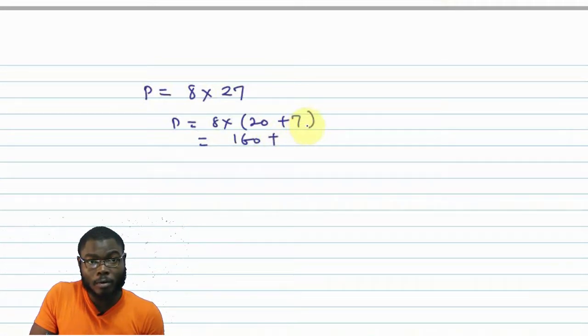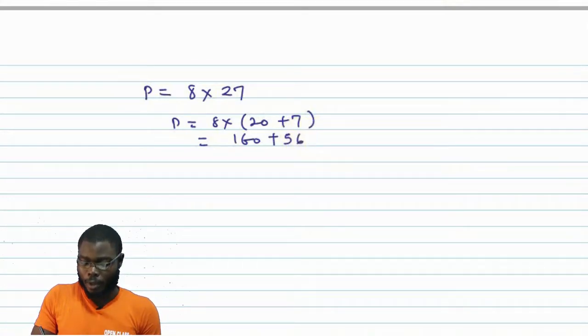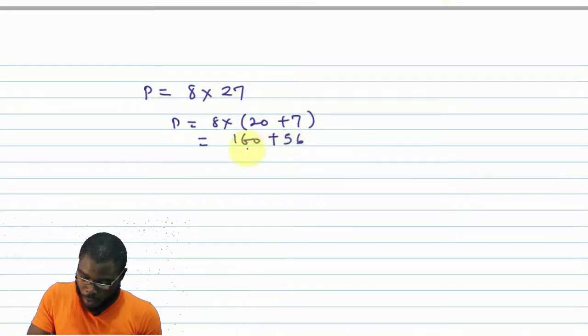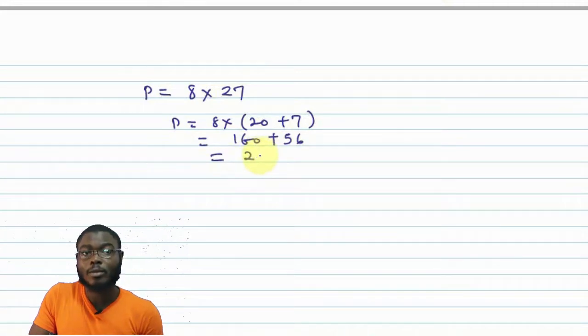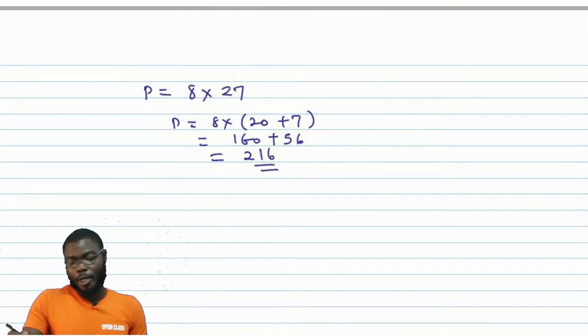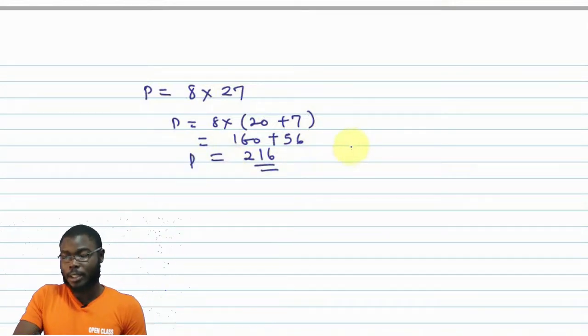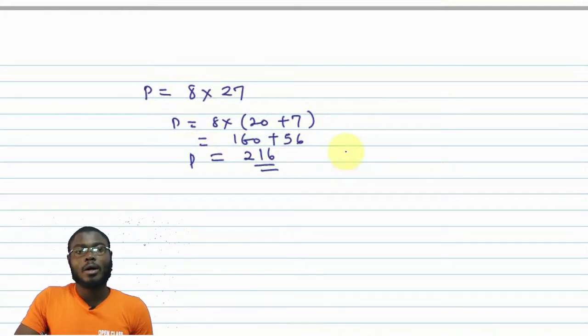That's 56. So if you add that together, you have 216. That's your p. Your p is 216. And what's your option? D.